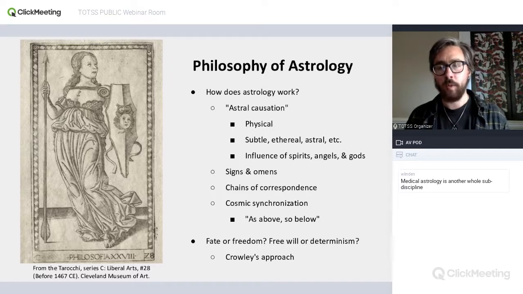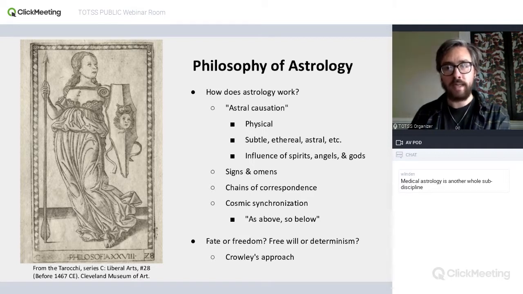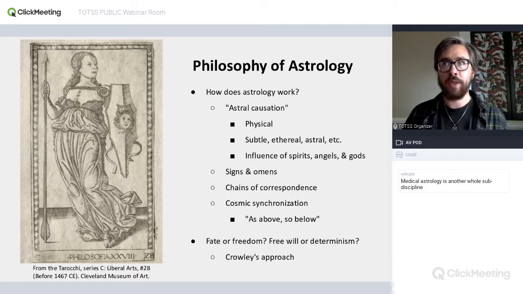All right, so also, we have the ideas of correspondences and chains of correspondences, so that different things here on Earth correspond to celestial things, and as the celestial motions and events happen, there are corresponding events here on Earth, without it being a direct sense of causation. But everything in the cosmos, from the subtlest to the grossest levels, is all interconnected and mutually influences and reflects each other as well, right?